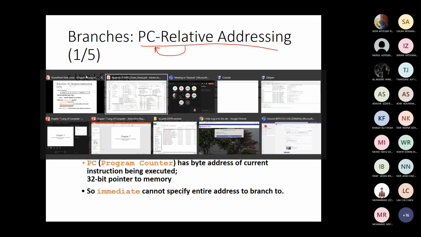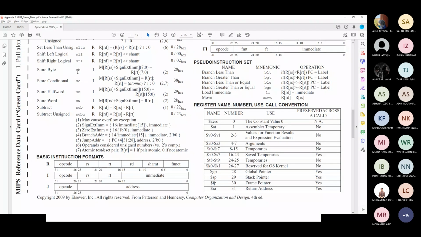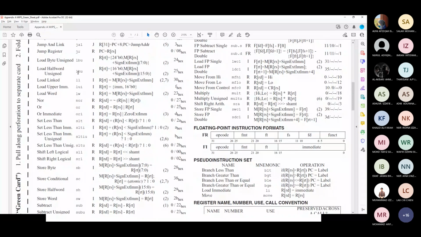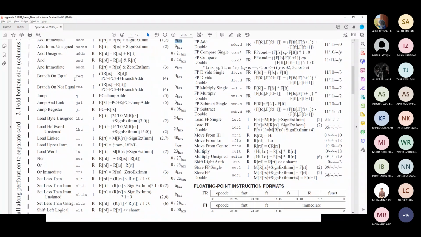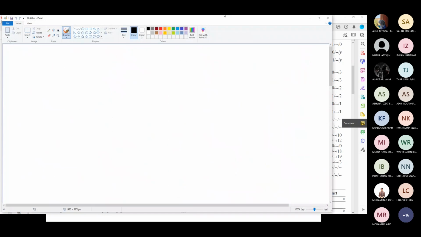What is the opcode for branch? You can just look at the green sheet here. BEQ is 4 hex, BNE is 5 hex. Then if we want to write it, branch on equal is if RS is equal to RT. Let me open Paint. Hold on.